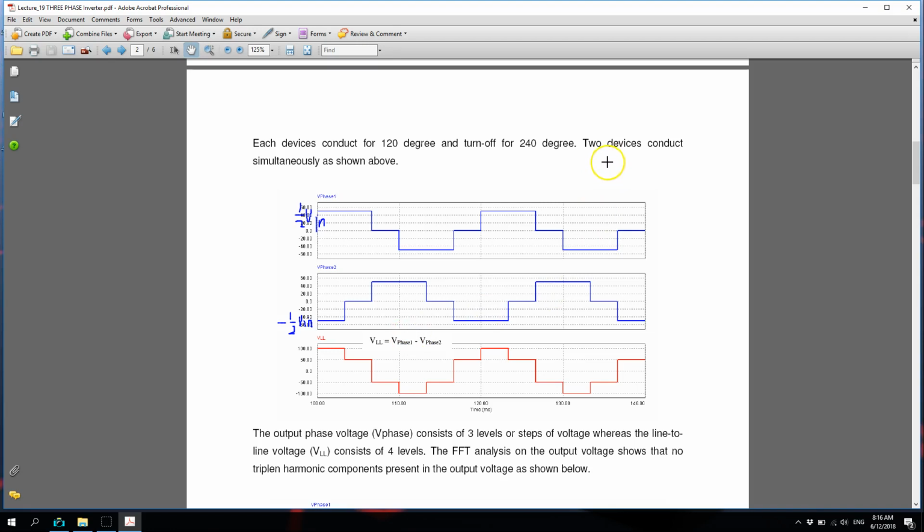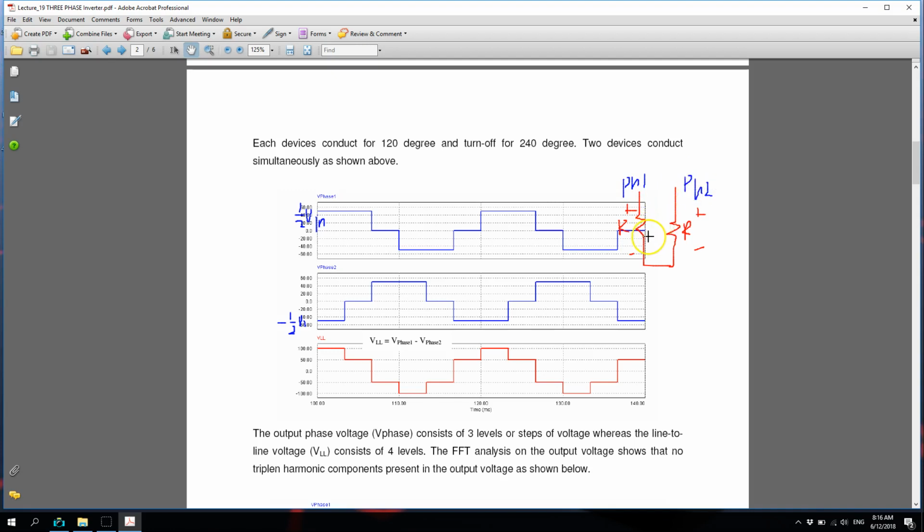So let me draw again. So you have R1, then you have R2 there. So this is R, the same polarity, plus minus, and this is phase 1, and this is phase 2, right?